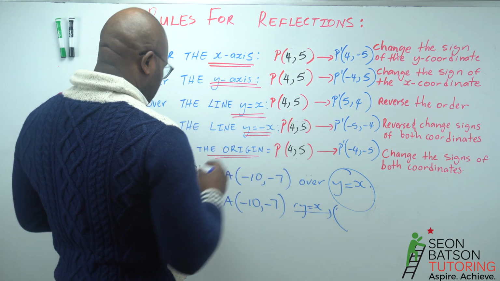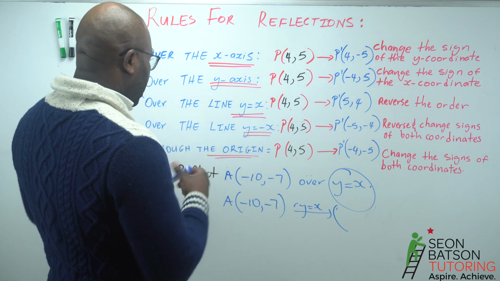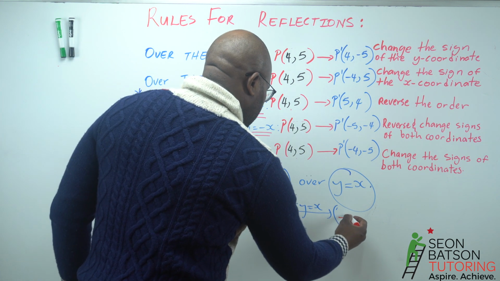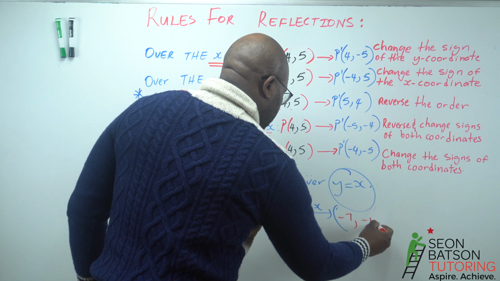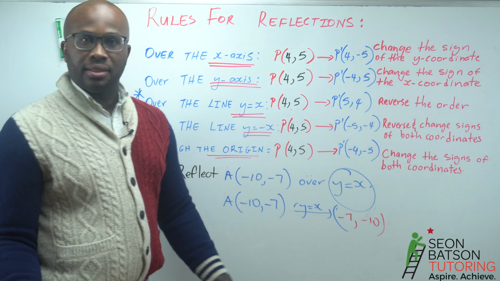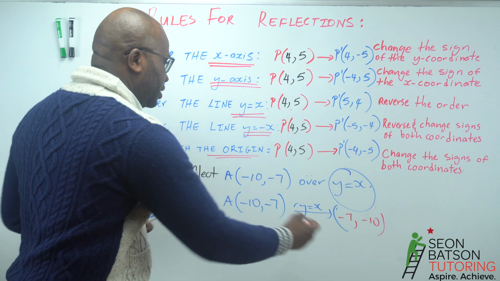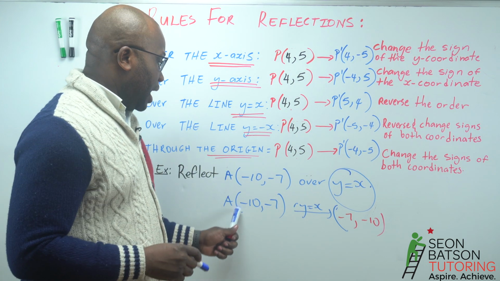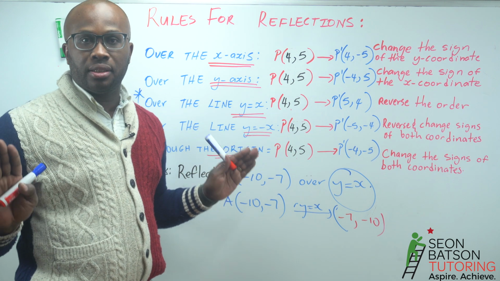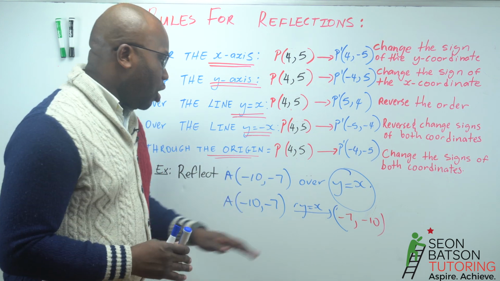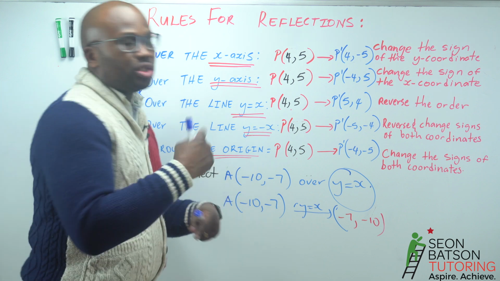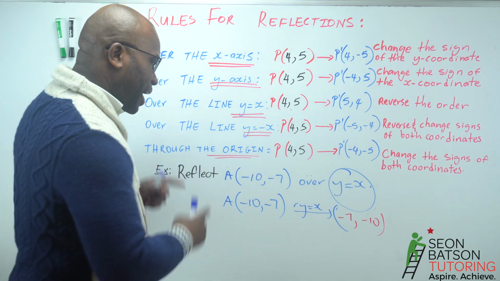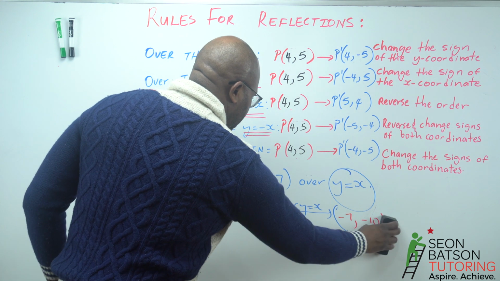And the rule says to reverse the order of the coordinates. So -7, -10. That's it. Note, the signs remain the same. We don't touch the signs here. All we do is we reverse or switch the order of the coordinates. Get the idea? I hope you got -7, -10.